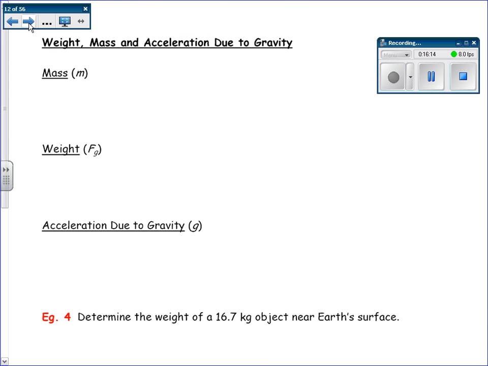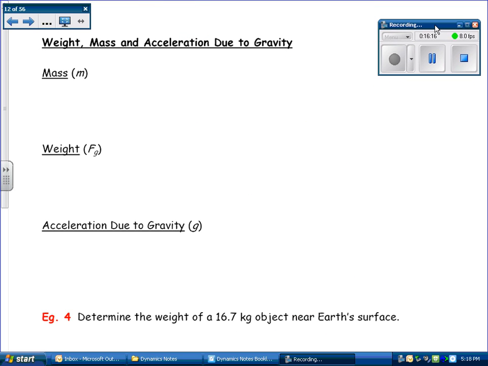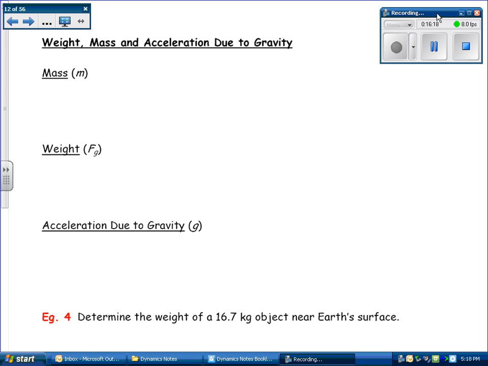Okay, and so then the thing I also want to talk about here is getting into gravity a little bit, the force of gravity and the normal force. And so to talk about the force of gravity, we have to talk about some definitions of some words here. And so we have to look at what weight means, what mass means, and what acceleration due to gravity is. Okay.